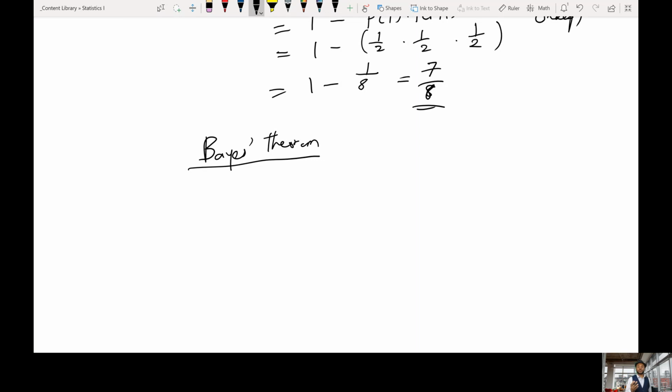It is a way to formally incorporate the new information, and we'll see how. Because probability assessment of events of interest may be based on relative frequency or subjectivity. So it's a way to formally incorporate the new information.